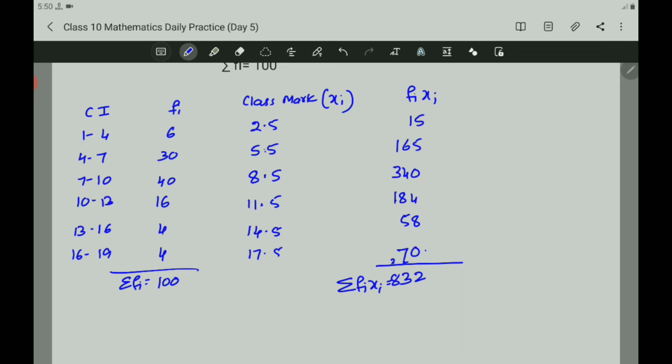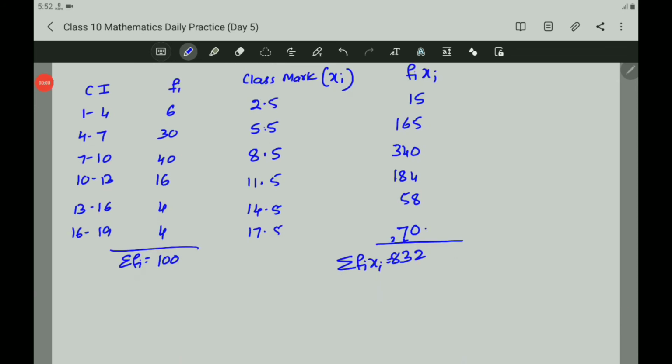You got 832. You got sigma fi is 100 and sigma fi xi is 832.